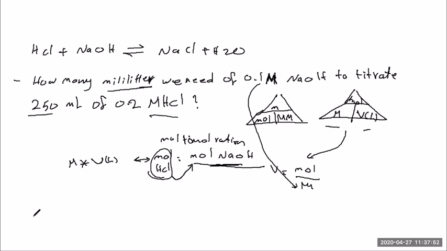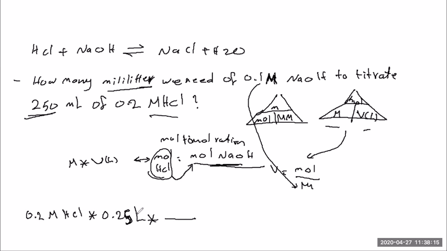Okay, let's do it here. The molarity of HCl is 0.2 molar times the volume of HCl in liter, which will be 0.25 liter. Now the mole-to-mole ratio between NaOH and HCl.